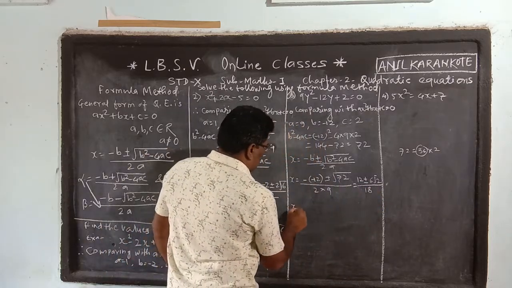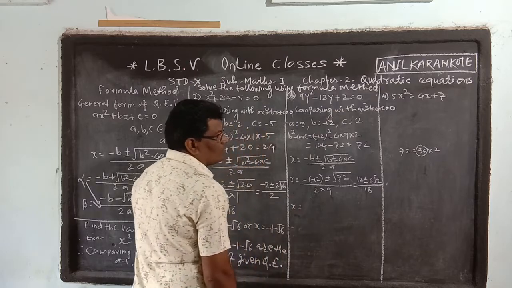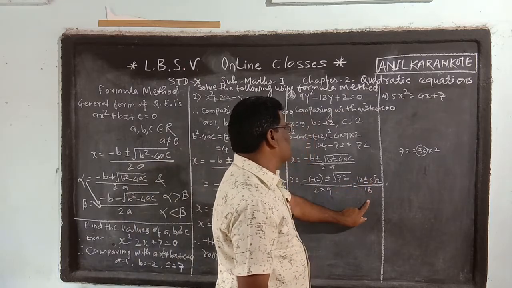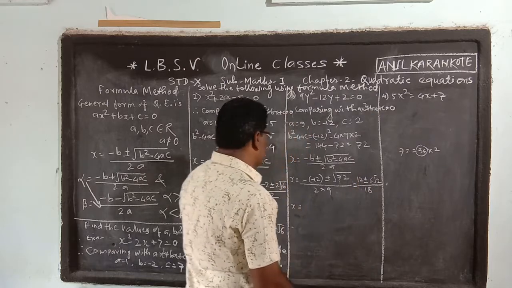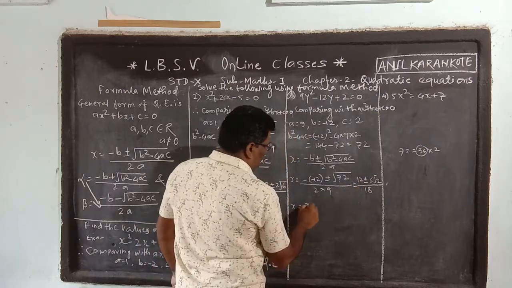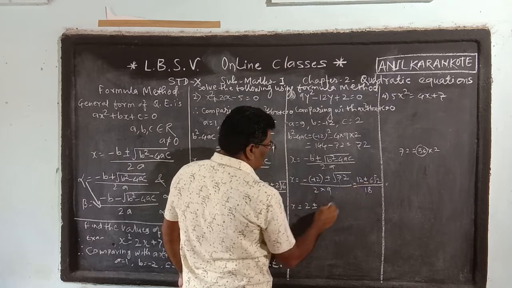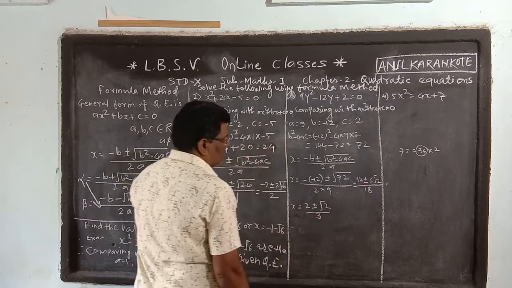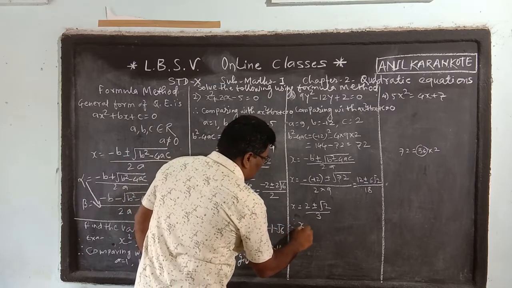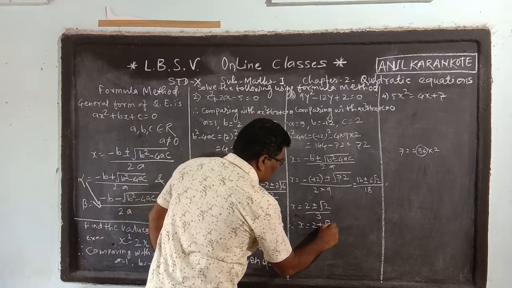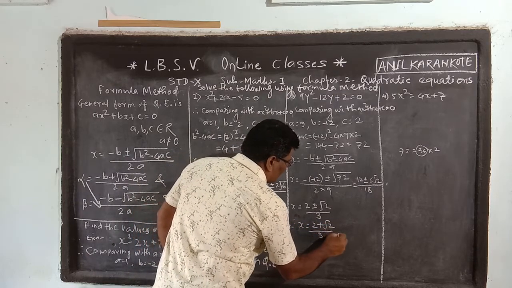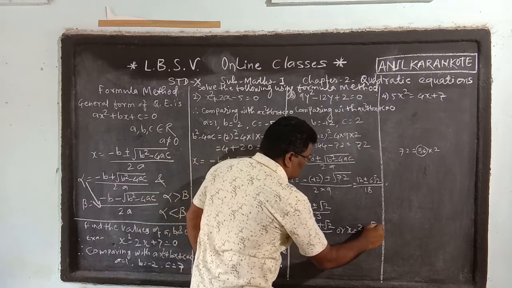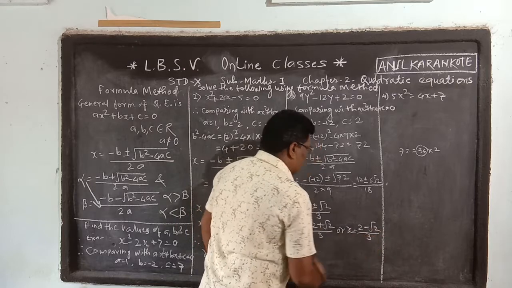Therefore x is equal to 12 plus minus 6 root 2 upon 18. 12, 6 and 18 are divisible by 6, so divide them by 6. 6 2s are 12, plus minus 6 1s are 6, square root of 2 upon 3. Therefore x is equal to 2 plus under root 2 upon 3, or x is equal to 2 minus under root 2 upon 3.